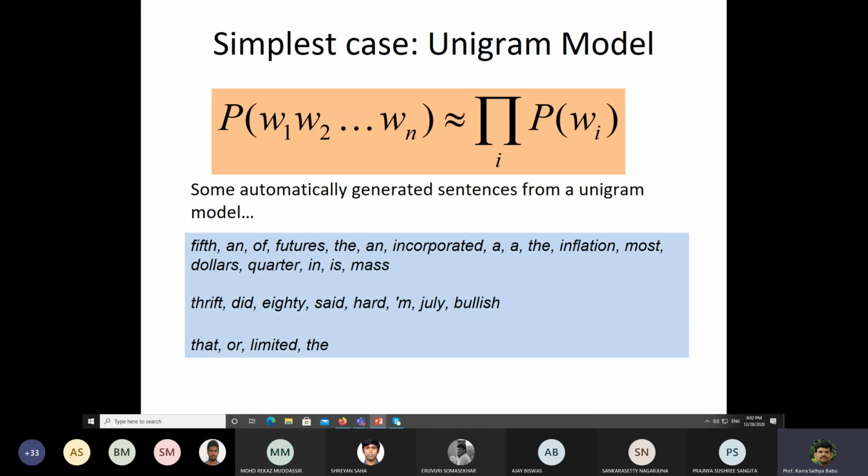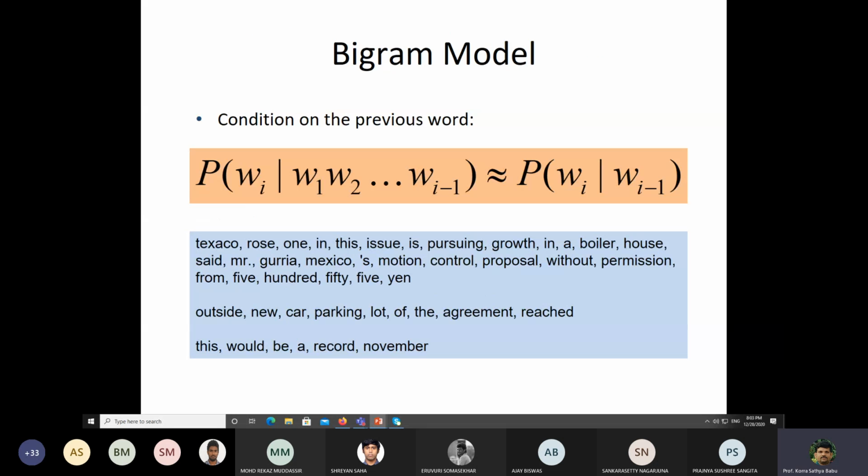Probably the bigram model will help us out a little bit better than the unigram model. So in the bigram model or trigram or 4-gram, 5-gram, okay, any n-gram models, we try to put up some conditional probability here. So what is that one?